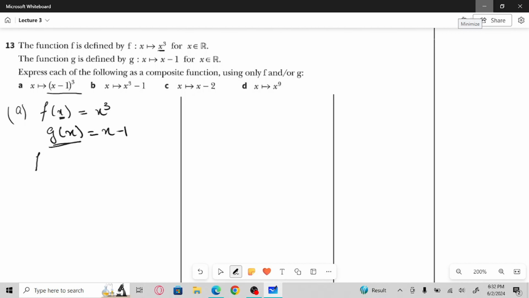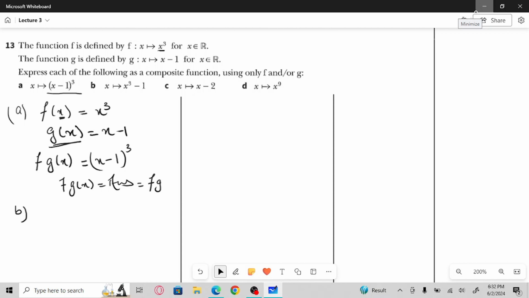And if we input the value of function g(x) into the function f, we will get the value x minus 1 whole cube. And that exactly is the answer. f(g(x)) is equal to the answer. You can also write it, by the way, in this form fg, because that's what the question requires us.